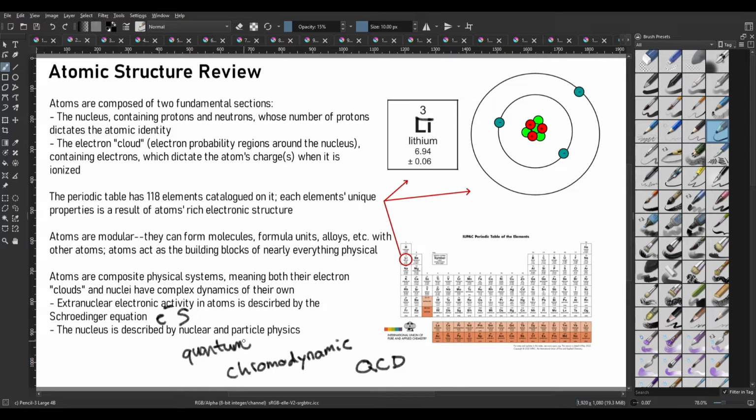These are the same thing, and that just describes the nucleus and things largely that go on inside it. And the Schrödinger equation is quantum mechanics. And that's usually just QM. You'll see it sometimes written the same thing.